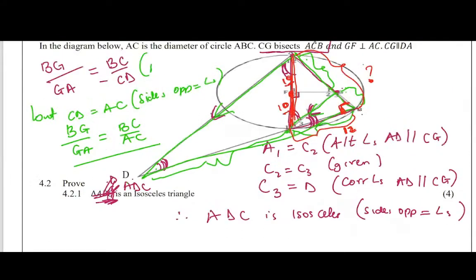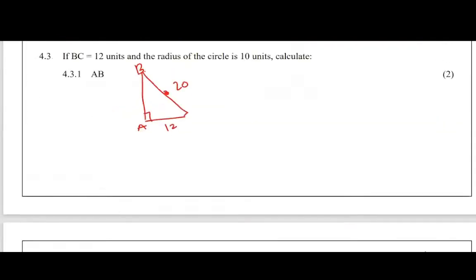Let's say that is our AB that we need to find. Is that what they said? Call this A, call this C, call this B. This is 12. I'm switching it around, guys. The diameter is AC, if I'm correct.